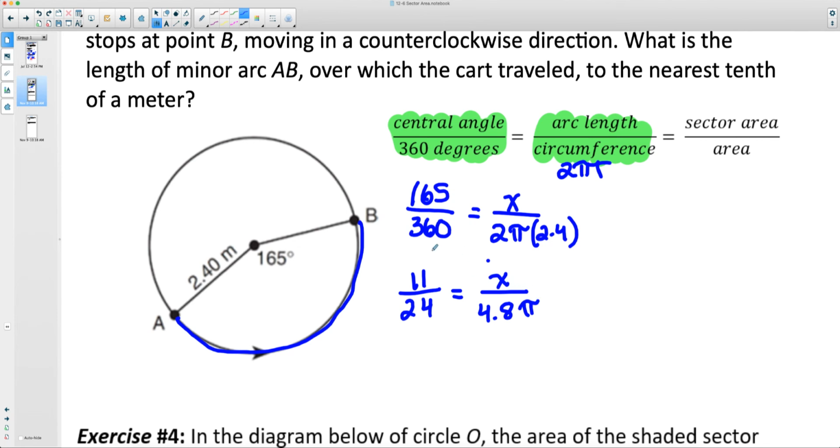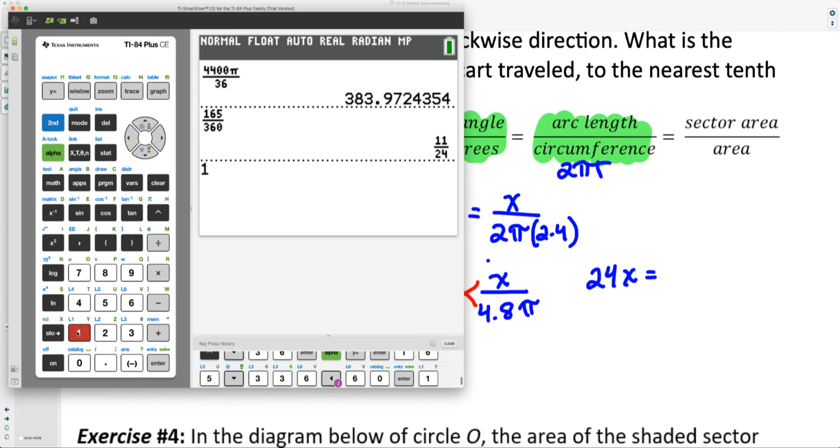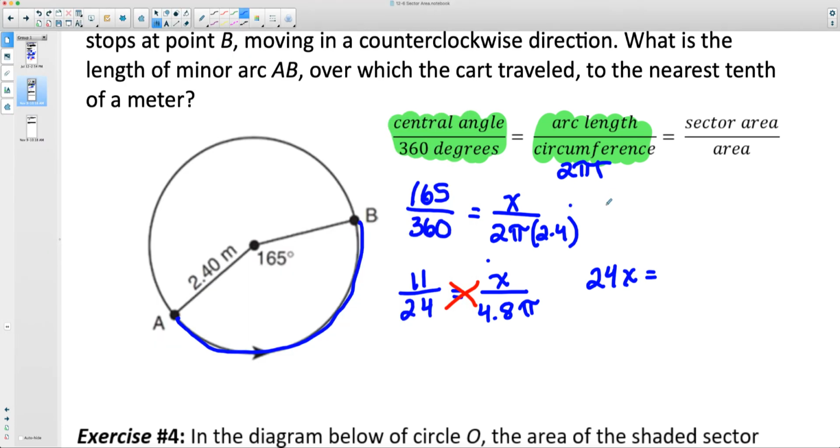Okay, we're going to go ahead and cross multiply. That's 24x equals 11 times 4.8, which is 52.8 pi.